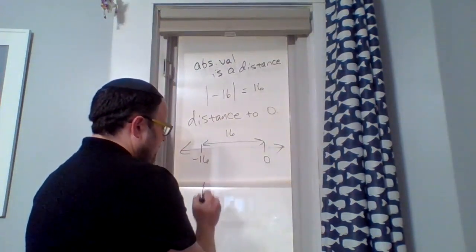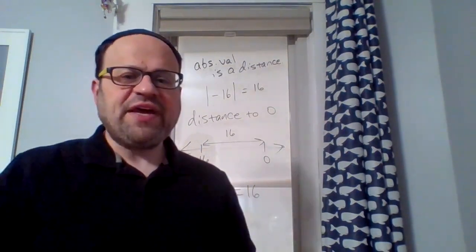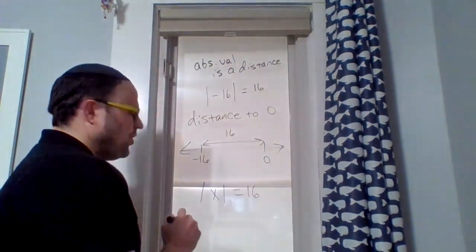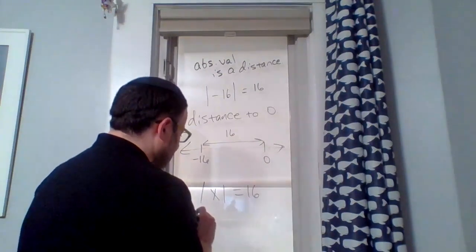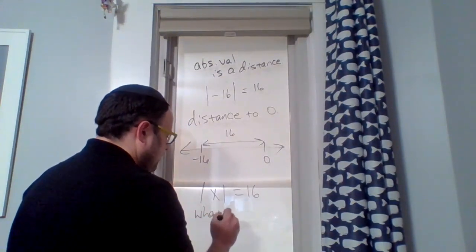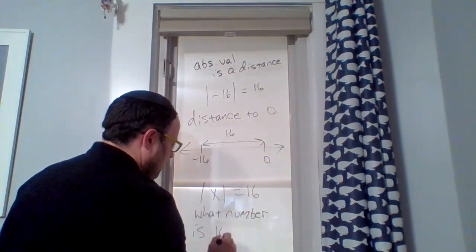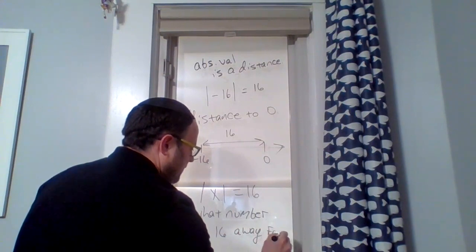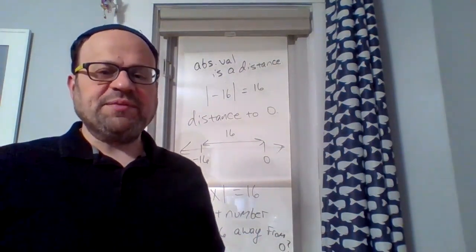So now if I ask you the absolute value of x is 16, what am I really asking you? What number is 16 away from 0? What numbers are 16 away from 0?